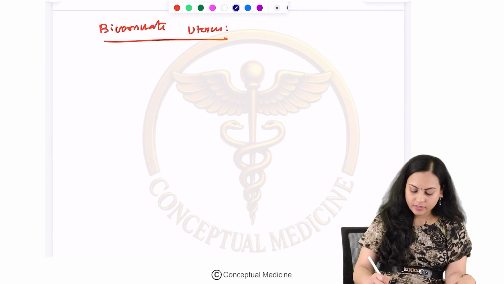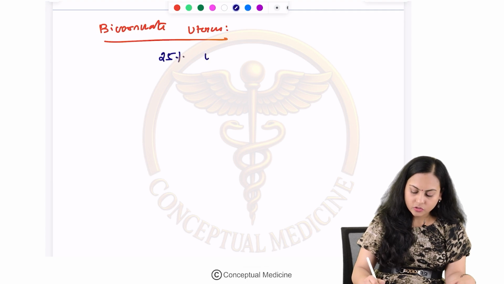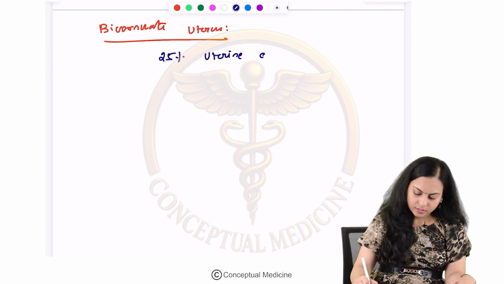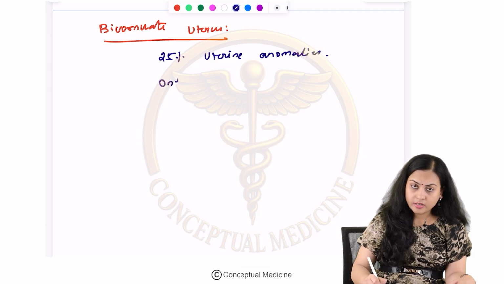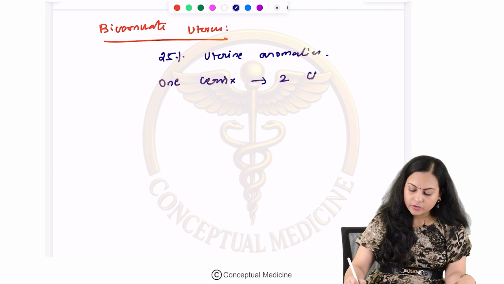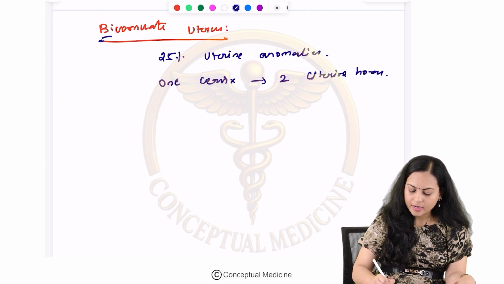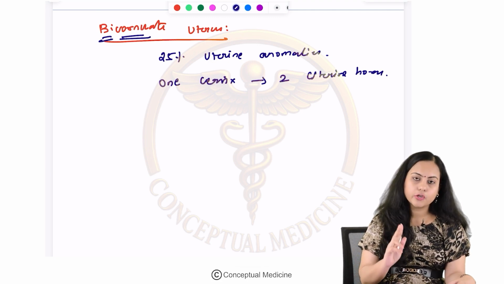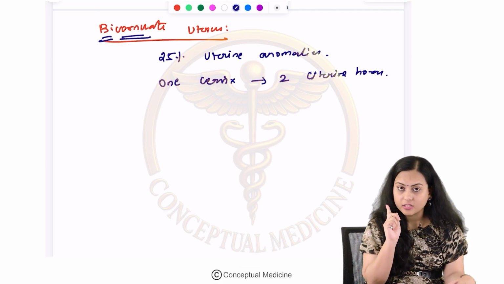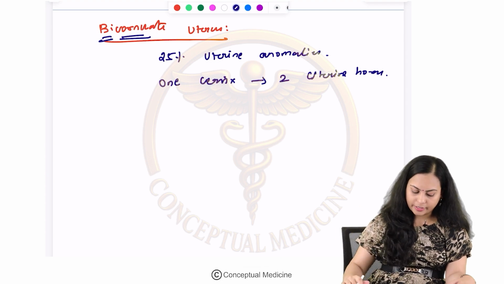So, bicornuate uterus constitutes about 25% of uterine anomalies, and here you have only one cervix, but you have two uterine horns. Okay. So, obviously bicornua, that means two horns, but you have only one cervix. Remember that, right? Okay.